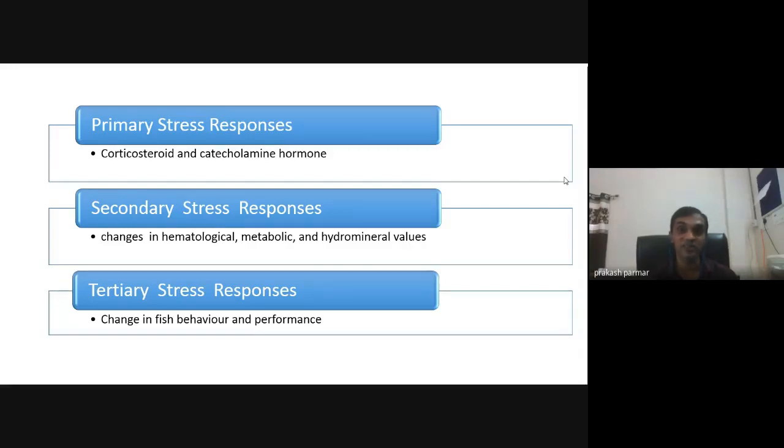These are known as the secondary stress response, and here the glucose level rises. After that, behavioral changes start if the stressors continuously remain in the system. And if stressors are still present, then the fish will die. So these are the important stress-related factors; we can know at which stage the fishes are right now.